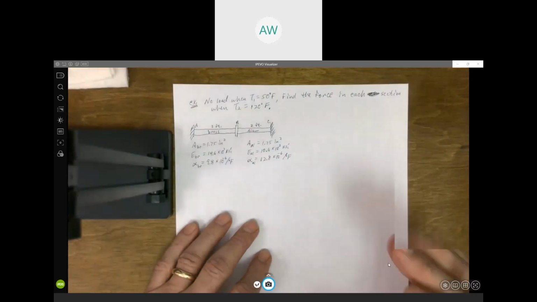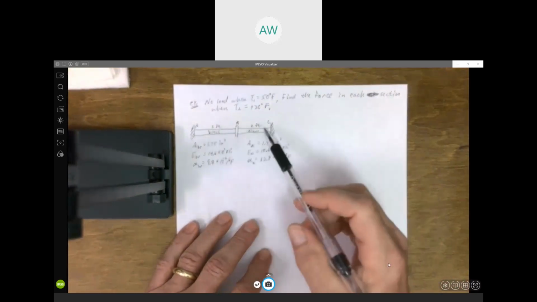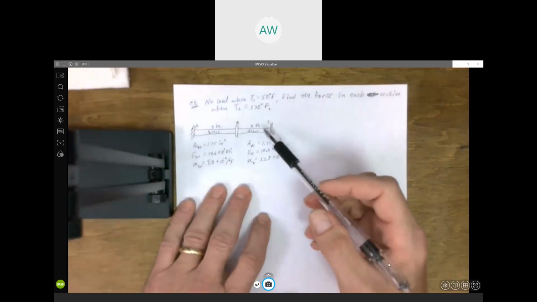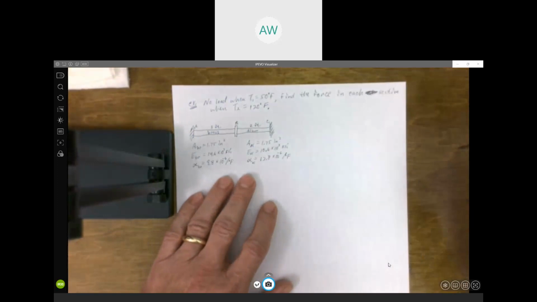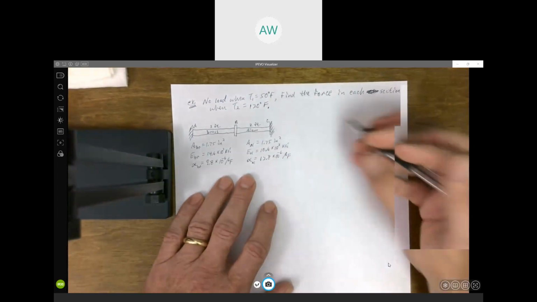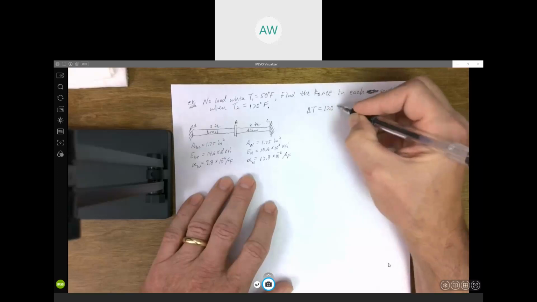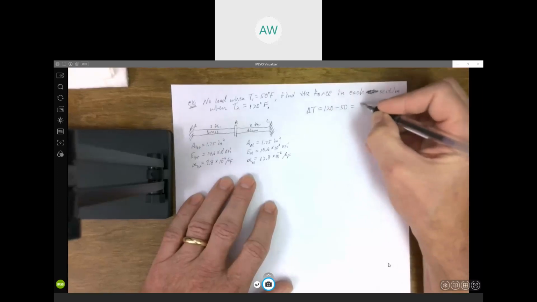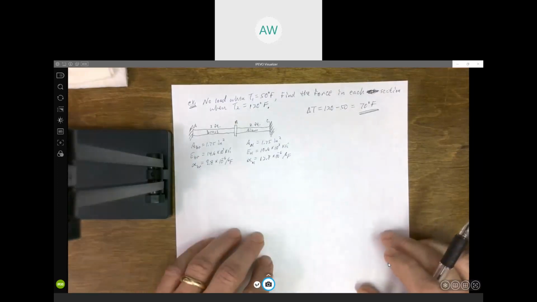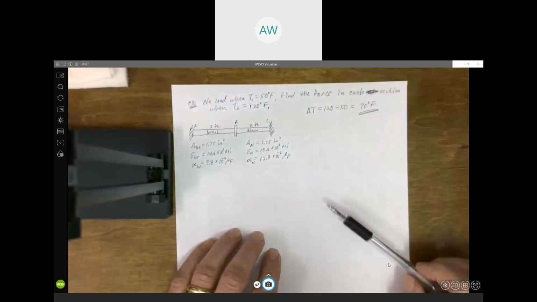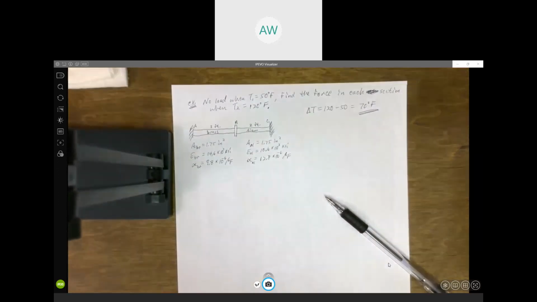Right, so this structure sitting there, there's no force in it whatsoever when it's 50 degrees. But the temperature goes up to 120. So delta T here is 120 minus 50, which is 70 degrees. So the temperature is going to increase 70 degrees. Like that previous example we looked at, right?